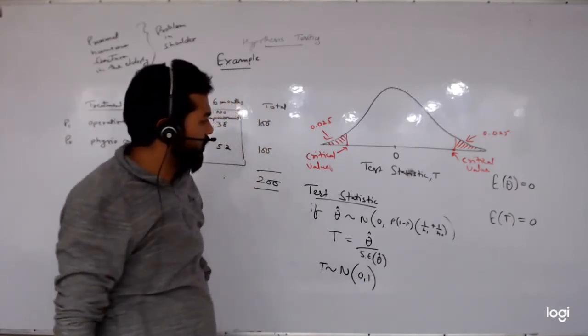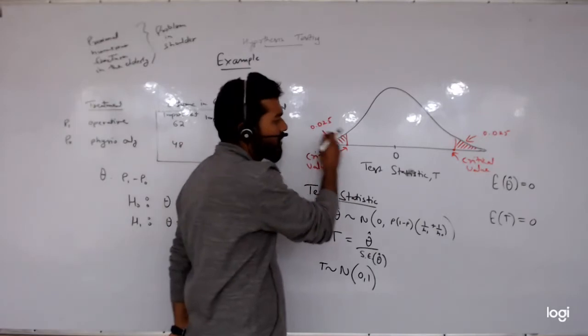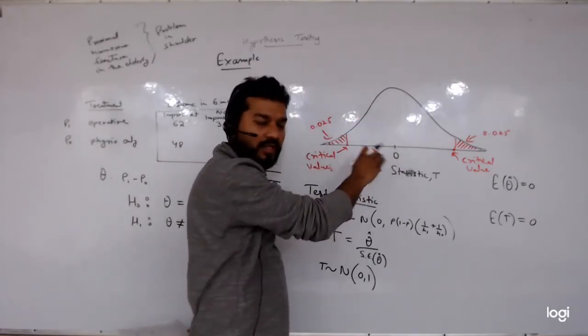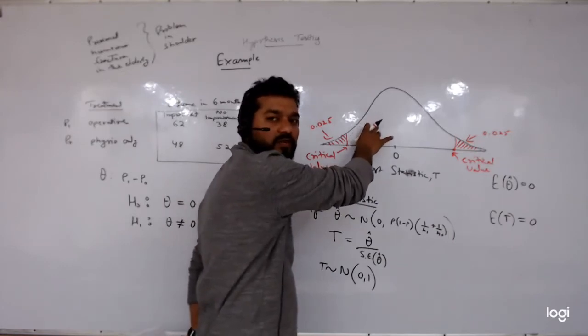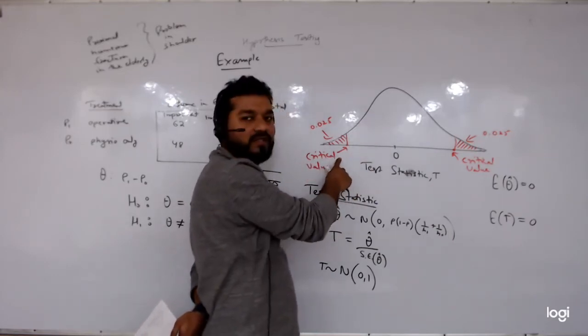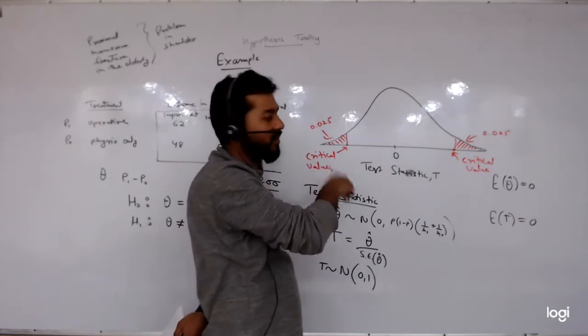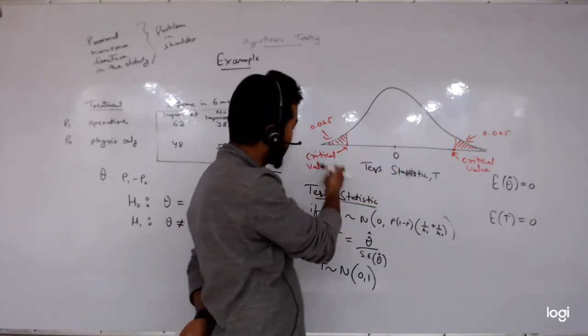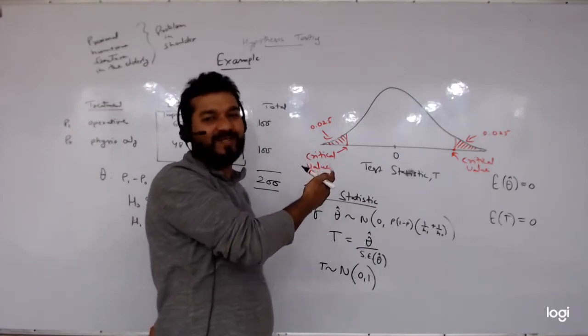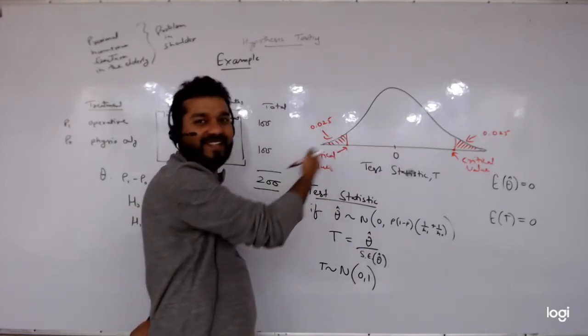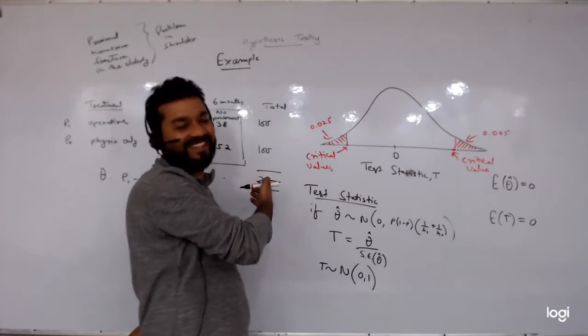If it is the standard normal distribution, then it becomes very easy to find these critical values. We just look at the table, and we've done this so many times that we remember what it is going to be. It's going to be 1.96 and minus 1.96.